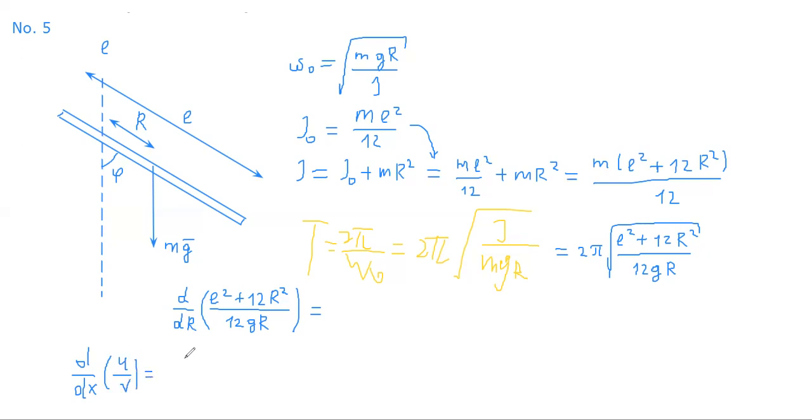This will be du by dx times v minus u times dv by dx. We can use this formula from calculus.